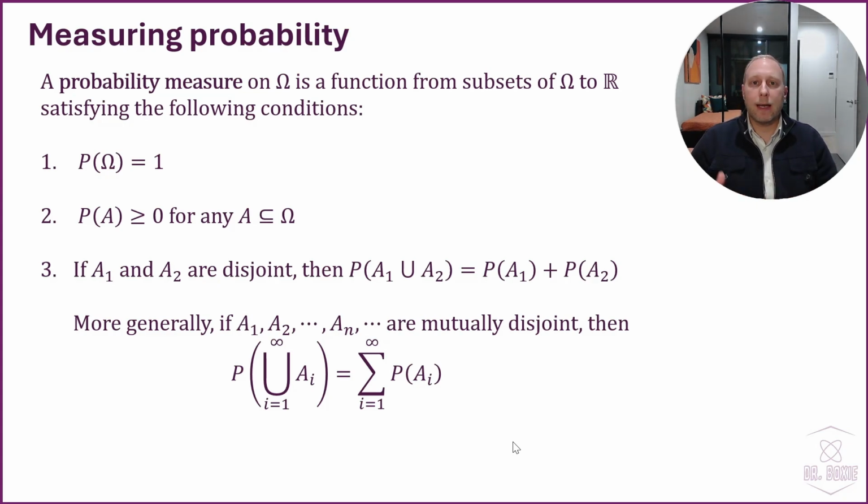I'm claiming here an event is a subset of omega, but can omega be any set imaginable? And can any subset of that omega be an event? Well, to define that properly, we need to go beyond what we will discuss in this course.